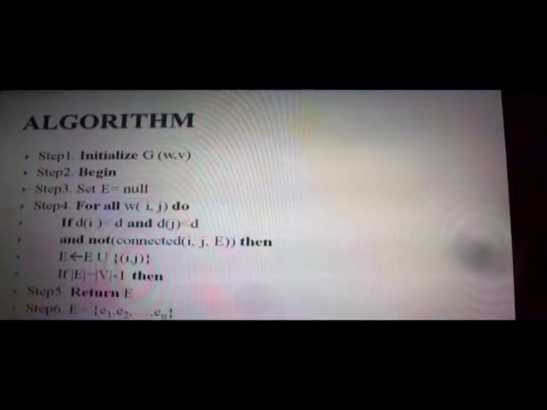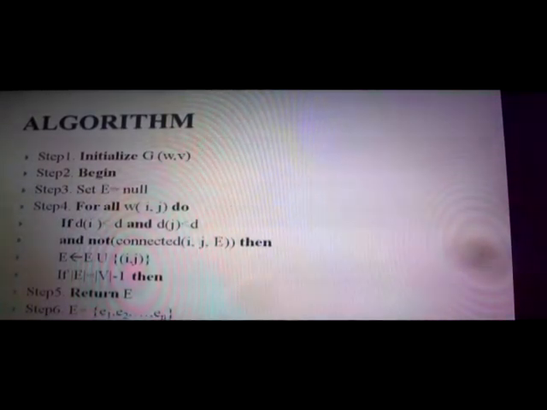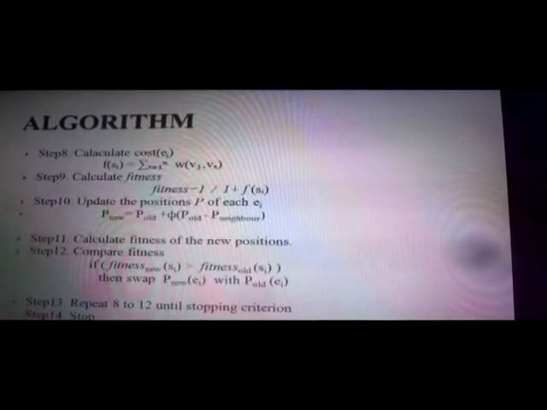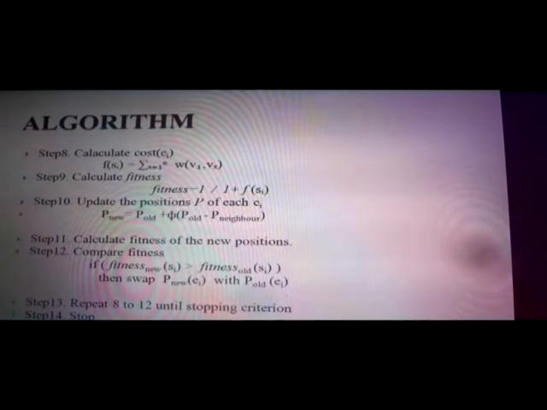In step 7, the 2-degree spanning trees are initialized by allocating a random position to every spanning tree in the set. Once the positions are set randomly, the fitness of each spanning tree has to be calculated. A fitness function is derived for the calculation of the fitness of each spanning tree.